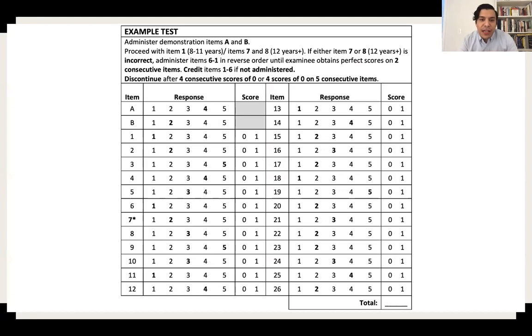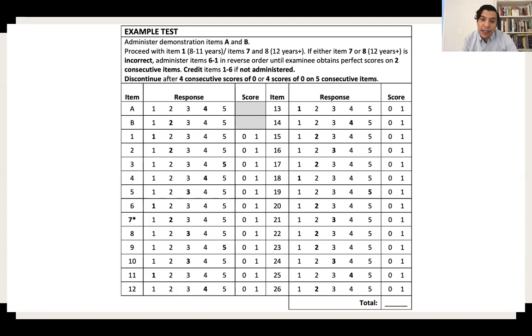It says, administer demonstration items A and B. Proceed with item 1 for 8 to 11 years old, items 7 and 8 for 12 years old or older. If either item 7 or 8 for 12 plus years old is incorrect, administer items 6 through 1 in reverse order until the examinee obtains perfect scores on 2 consecutive items. Discontinue items, credit items 1 through 6 if not administered.